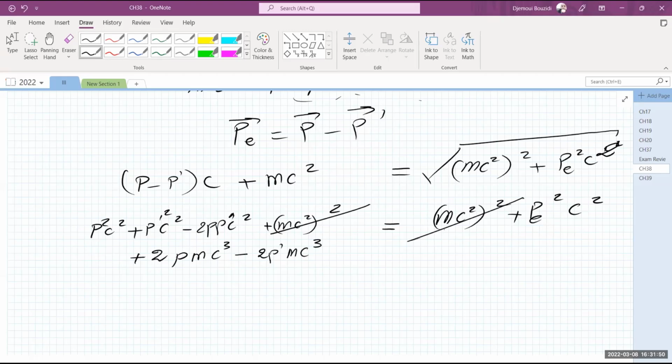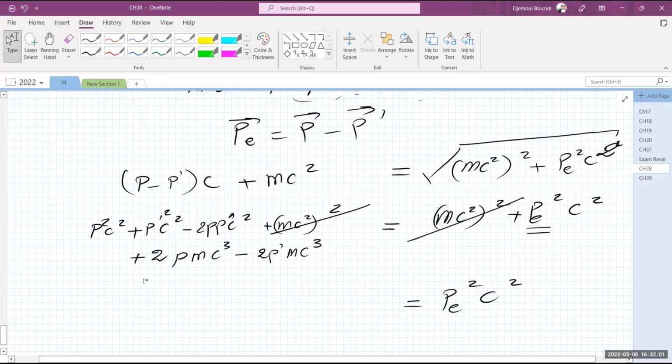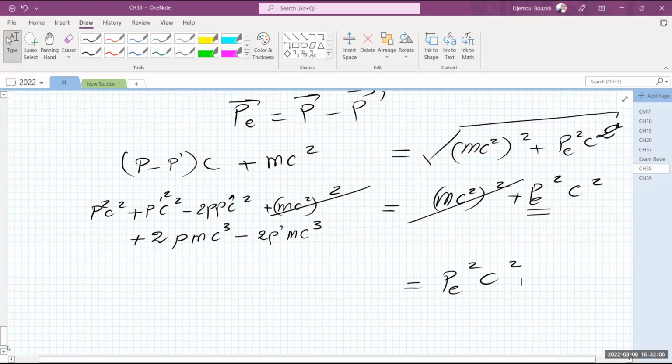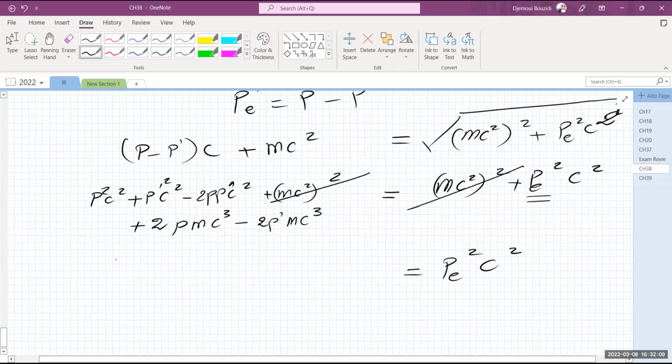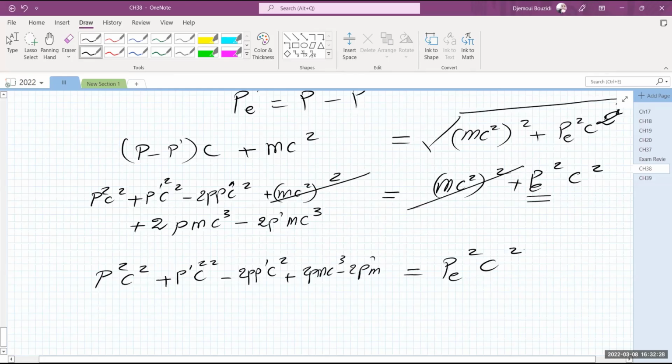Okay, so we're left with this P_e squared, the momentum for the electron, equal to the rest of the terms that don't have that mass term for the electron, at least the rest energy of the electron. So what we have in here is P squared C squared, plus P prime squared C squared, minus 2PP prime C squared, plus 2PmC cubed, minus 2P prime mC cubed.